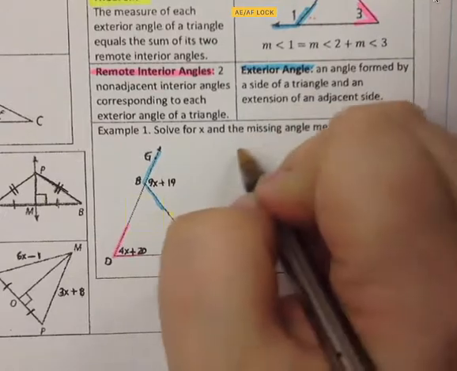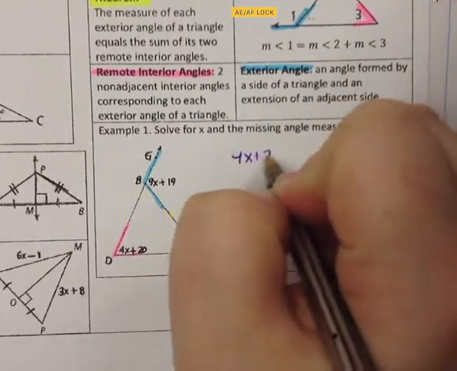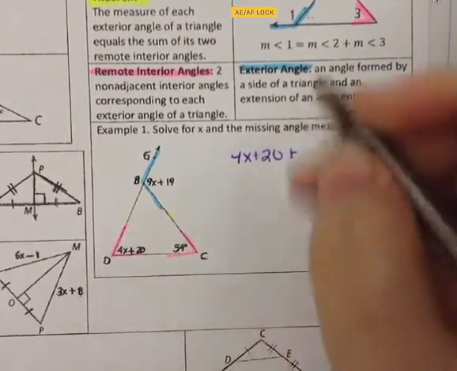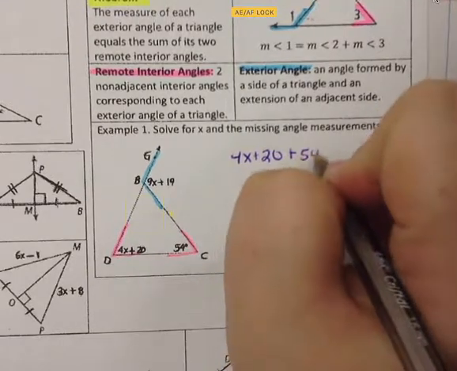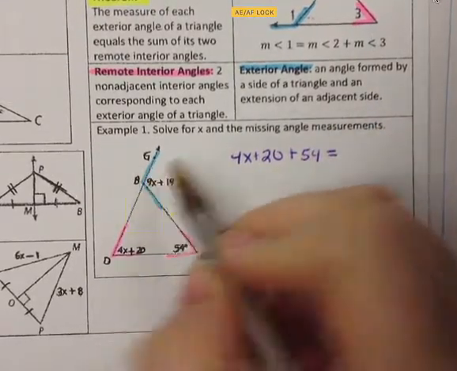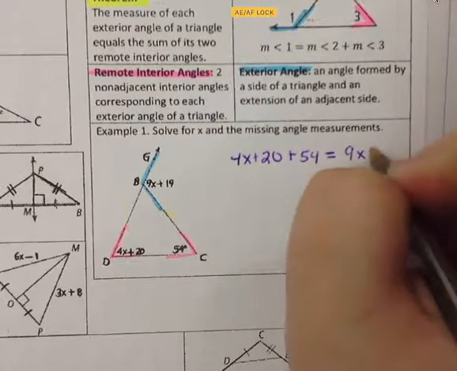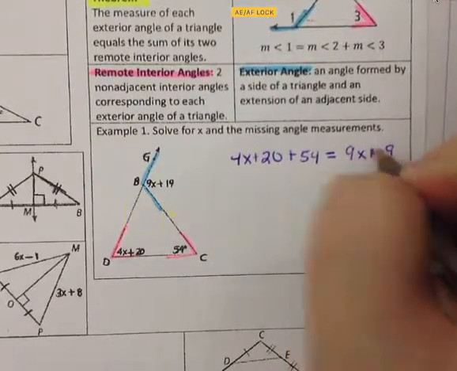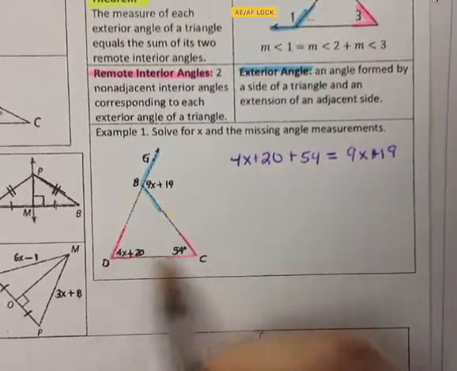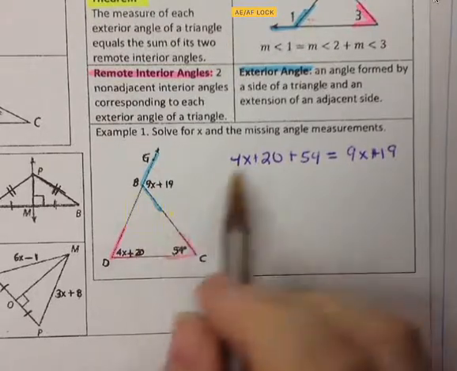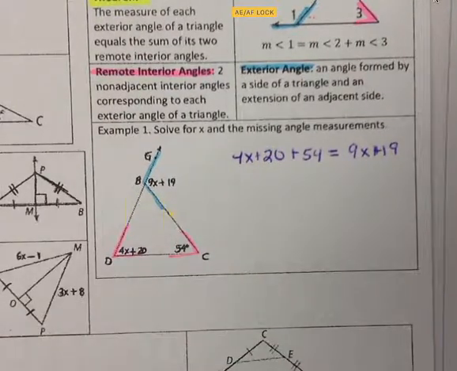So I have 4x plus 20 plus the 54 degrees is equal to the exterior angle, which is 9x plus 19. Again, because these are not just numbers, we want to make sure we actually know the exterior angle theorem.